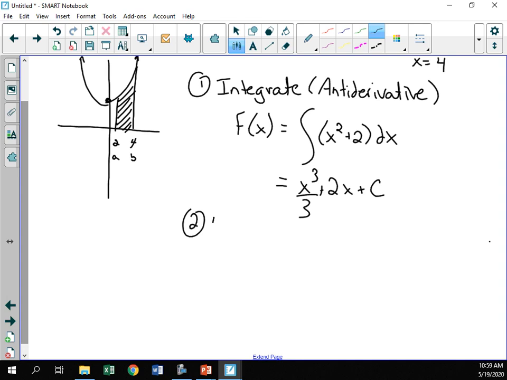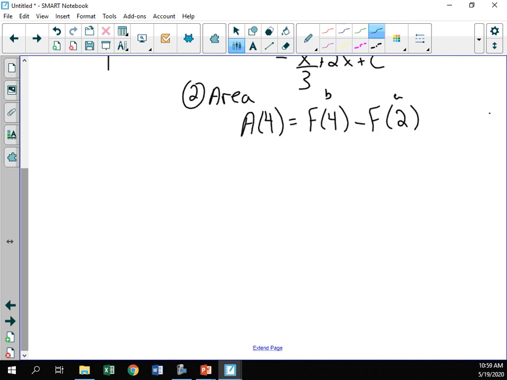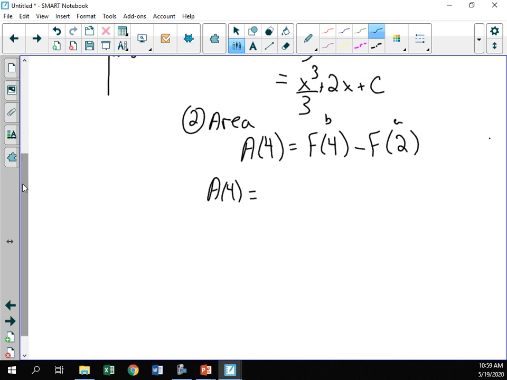Step 2, area. A at my boundary 4 is equal to f at 4 minus f at 2. Remember, this is B, this is A. From here, I can now use my x cubed, my antiderivative, and I'm going to plug in that 4.